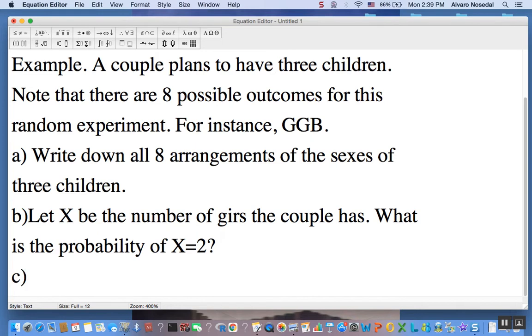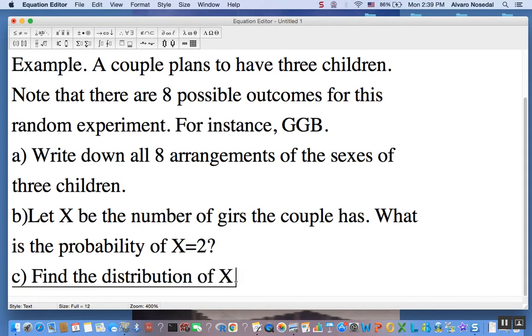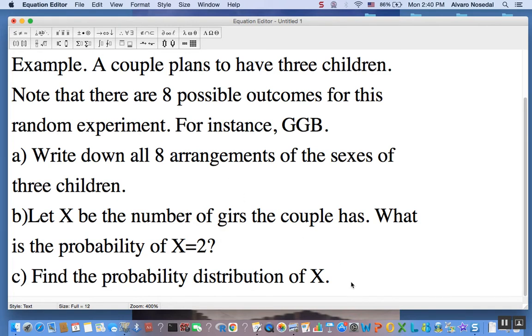Finally, we want to find the distribution or probability distribution of X. Make sense? Okay, so that's our problem.